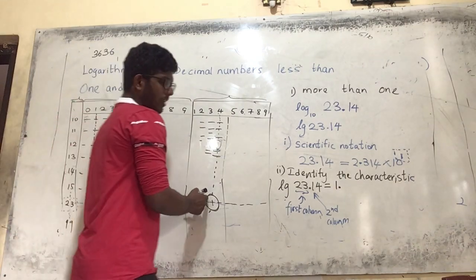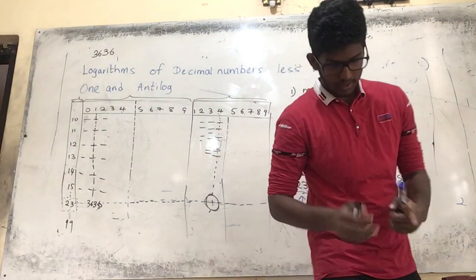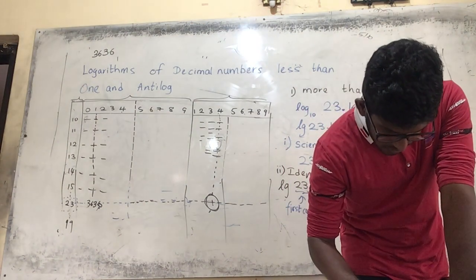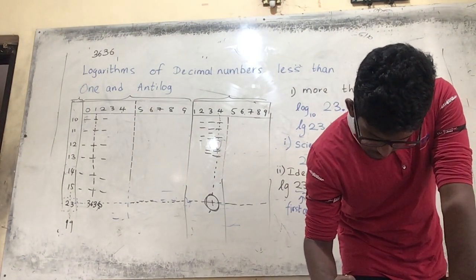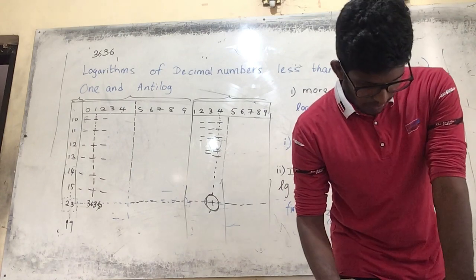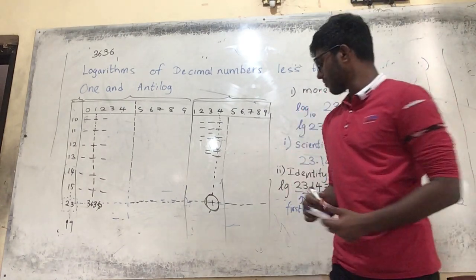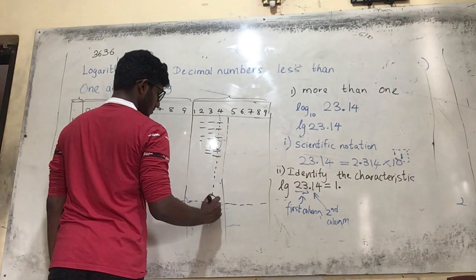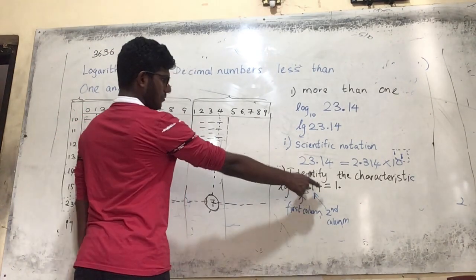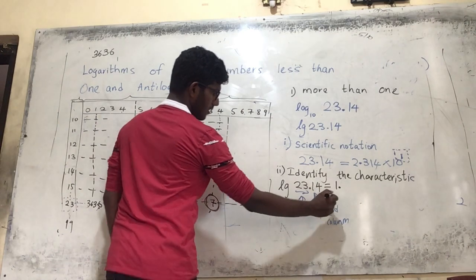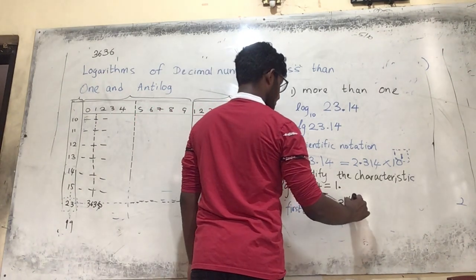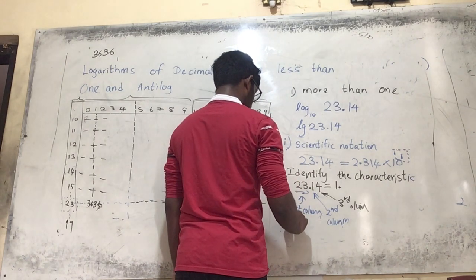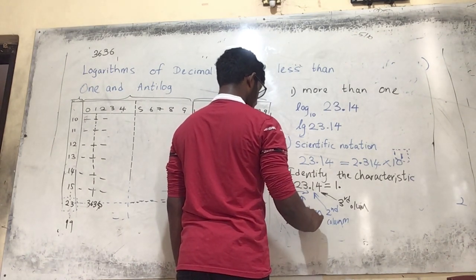So you find a value there. So here 23, 1, 4. In my book it is 7. So you will find the value 7. That 4 came from this one. Third column. First column, I will write the number row.